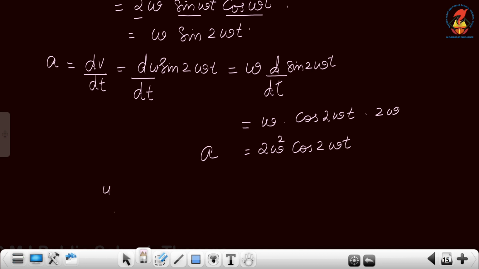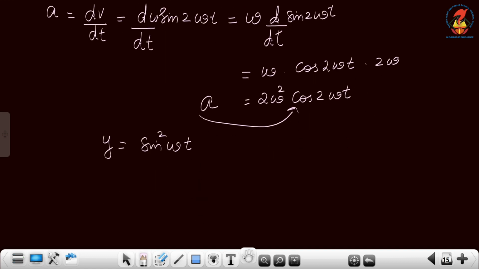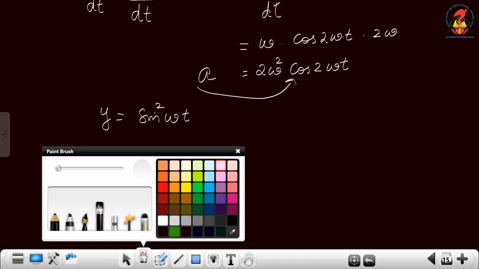We know the displacement of the particle was sine square omega t, which means the acceleration is not proportional to the displacement. Hence, we can say the motion of the particle is not simple harmonic.